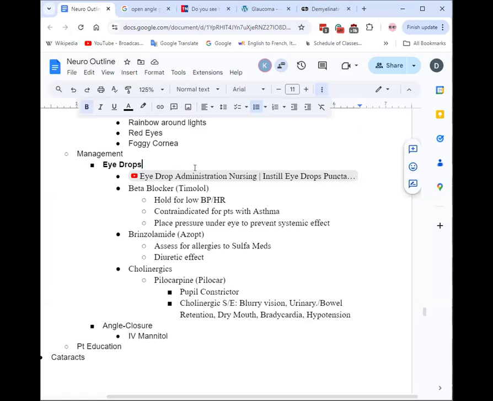Cool. So how long do they need to take these eye drops for? A few months, a few weeks? Yeah, forever. Patient will need to take them forever. Yeah, I love that one.